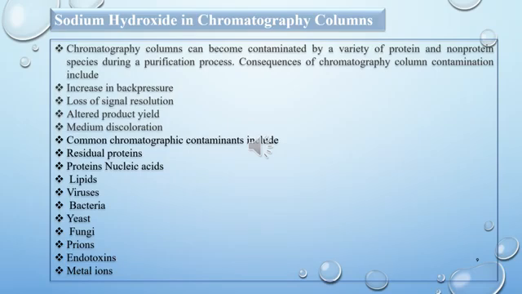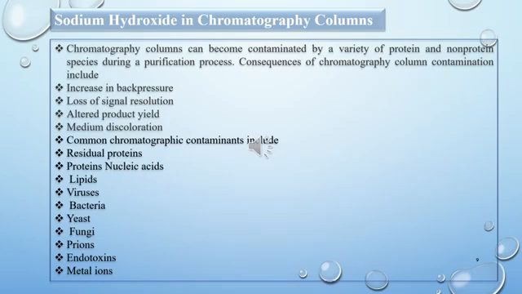And the next one is medium discoloration. Different colored mediums are used for chromatography. If it becomes contaminated, then discoloration happens, and we will not be able to judge how our separation is occurring. Now the next point is common chromatographic contaminants.